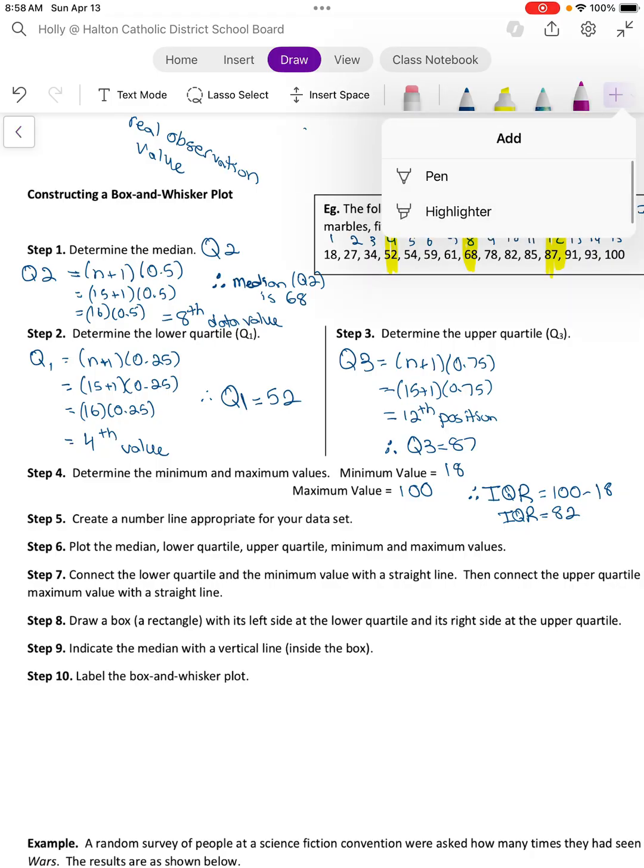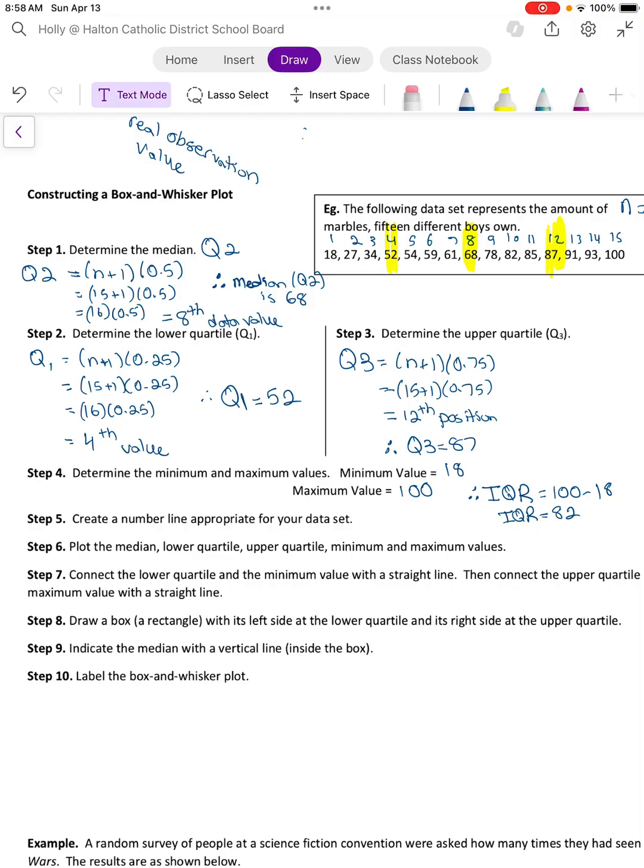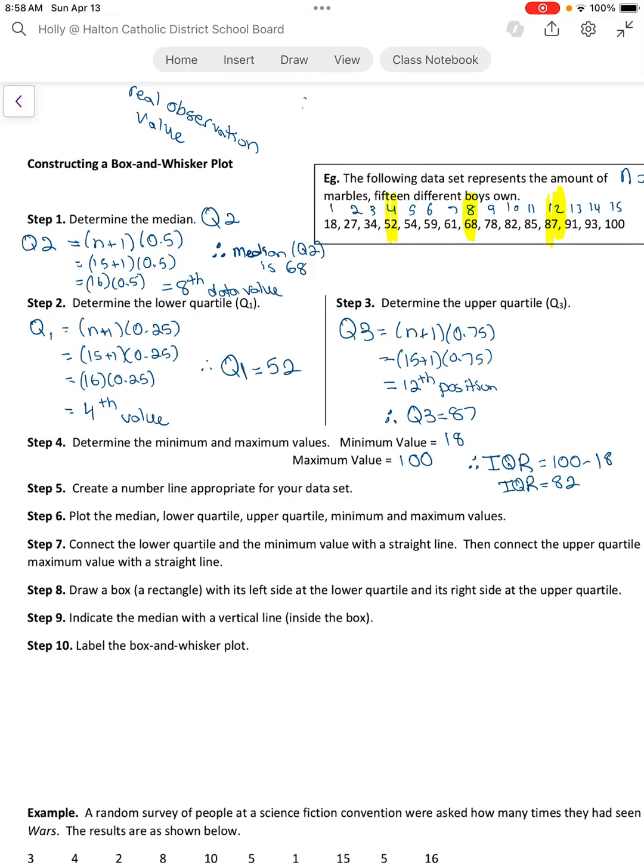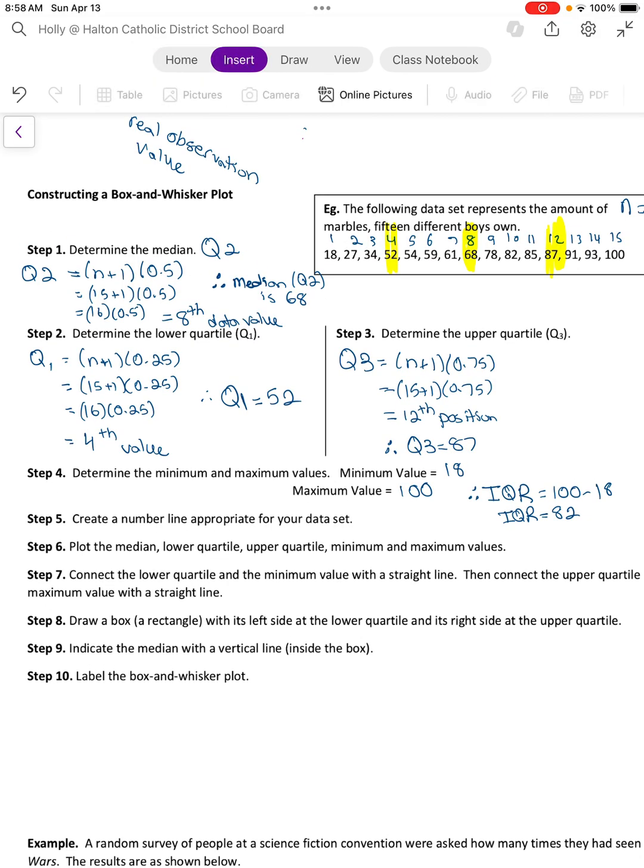I should have had a thing here, but it's not showing up. Okay, well, let's just go with my non-straight line.